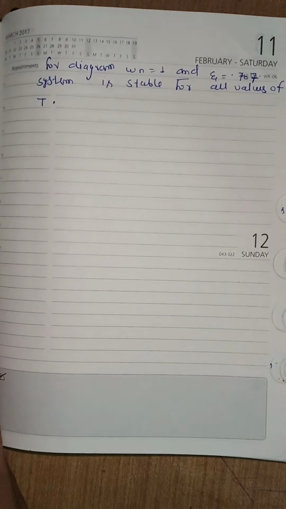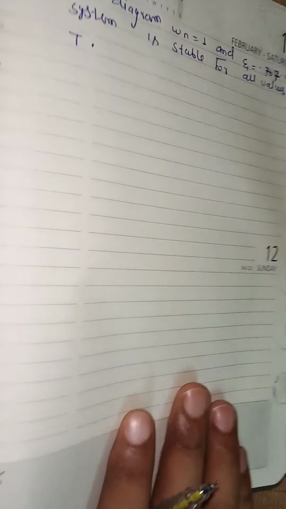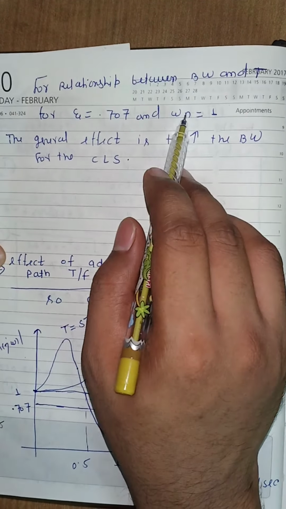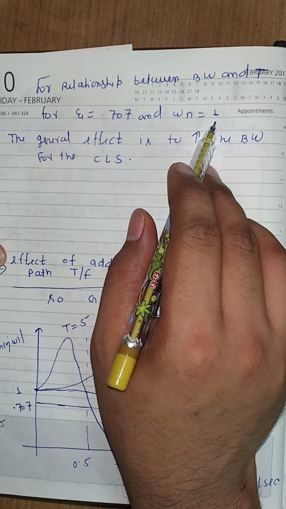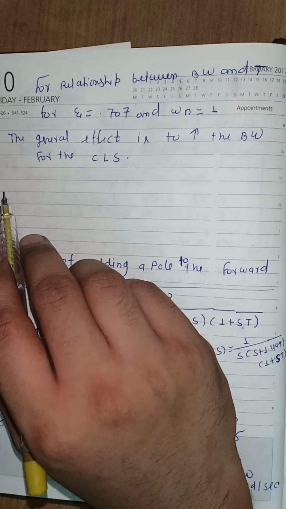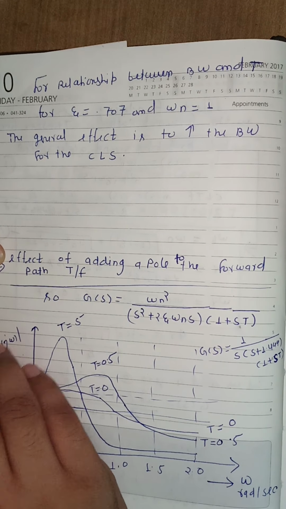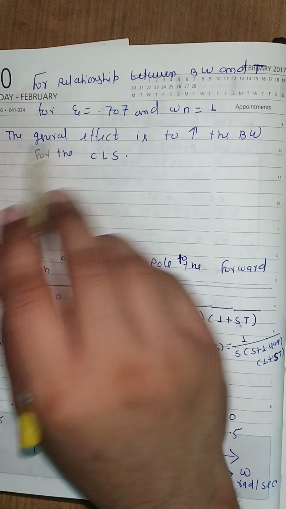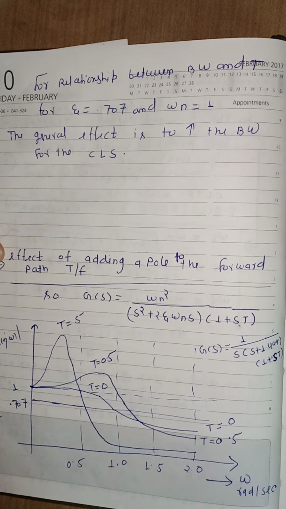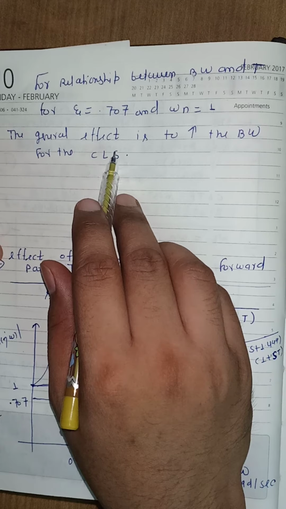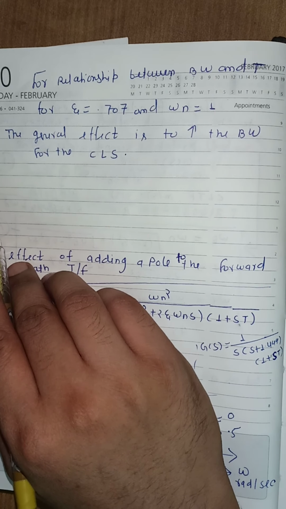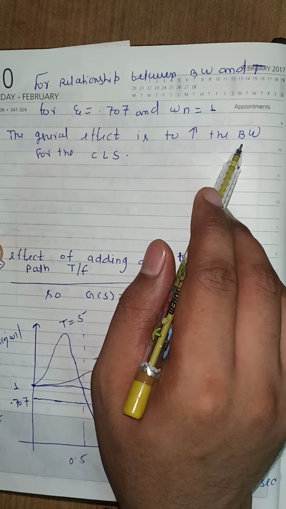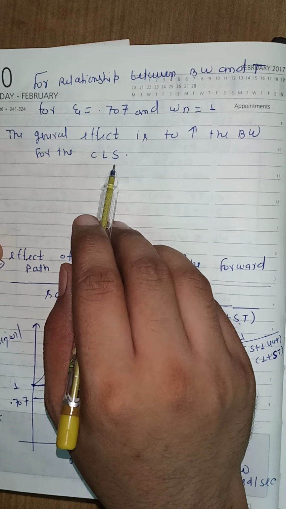So here let us consider zeta equal to 0.707 and omega n equal to 1 radian per second. For the relationship between bandwidth and time constant for zeta equal to 0.707 and omega n equal to 1 radian per second, we can say the general effect of adding a zero to the forward path transfer function is to increase the bandwidth of the closed loop system.